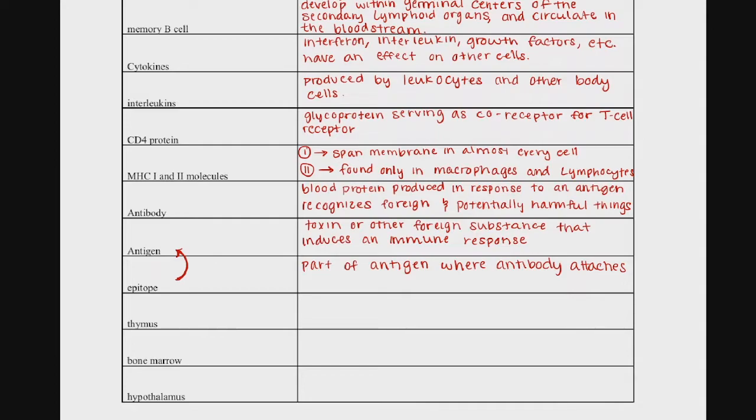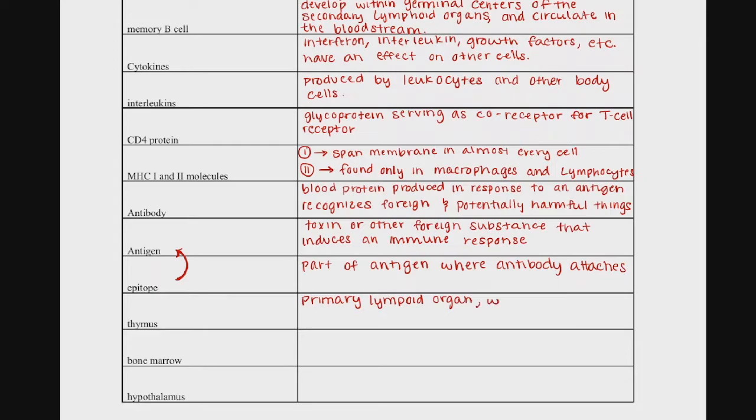All right. The thymus is a primary lymphoid organ of the immune system. And so what the thymus does is that within it, thymus cell lymphocytes or T cells mature.